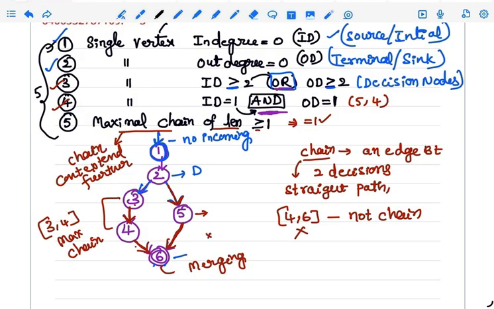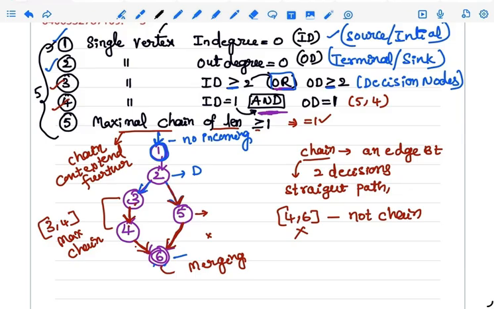Here 3 to 4 is a chain because it is a straight path, there are no decision points, and there are no merging points either, no merging or splitting. If you execute the first node in a chain, you are guaranteed to execute all of them in order.